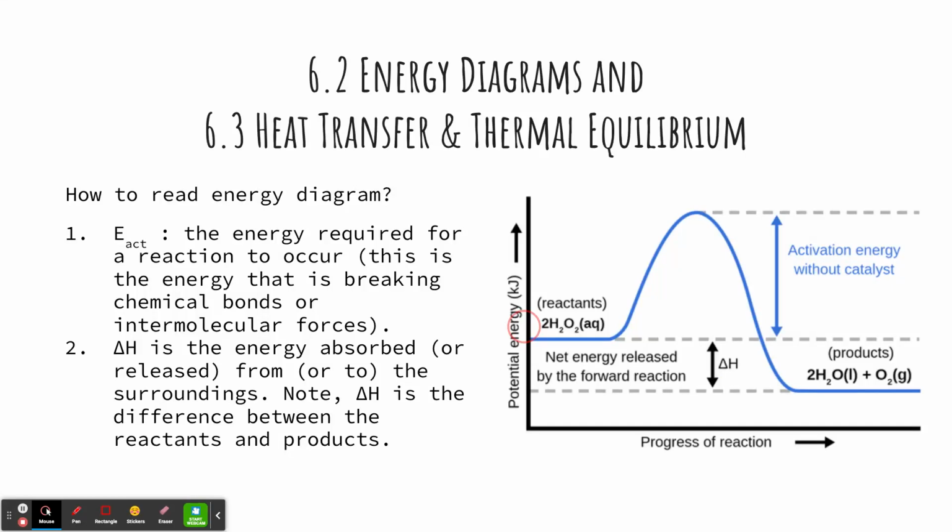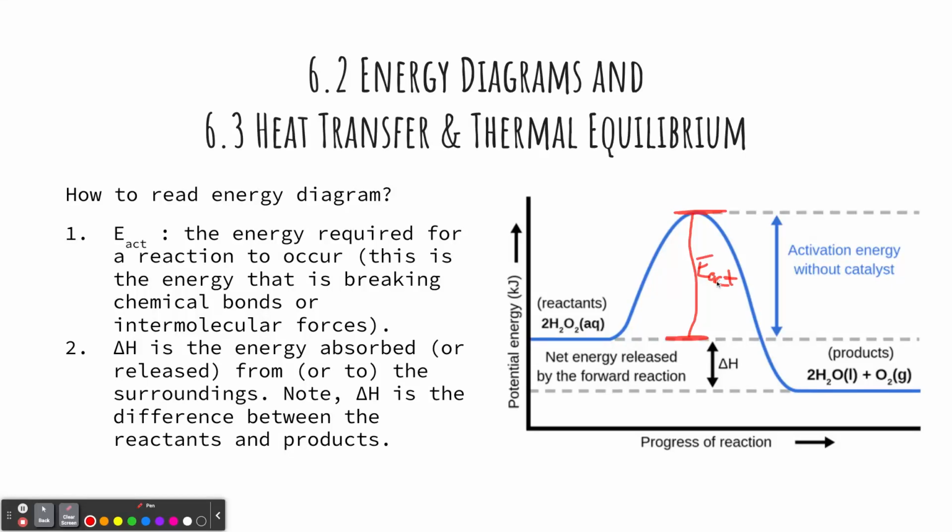This is the energy that is breaking the chemical bonds or the intermolecular forces so that the atoms or molecules are able to interact with other atoms or new molecules during a chemical reaction. So that is our energy of activation. And guys, it occurs from the reactants up to the top of our hill. That is the activation energy, or EACT.